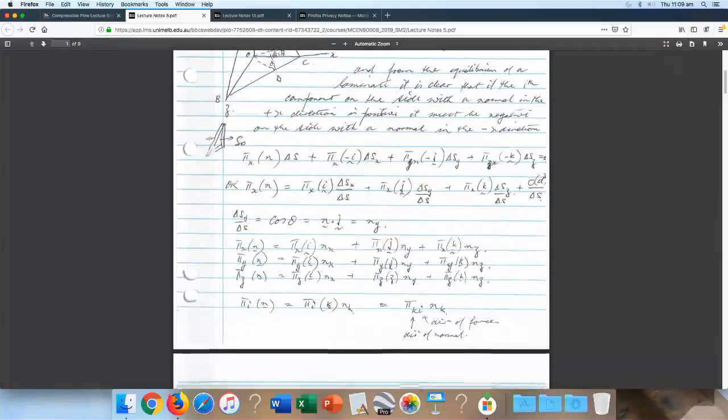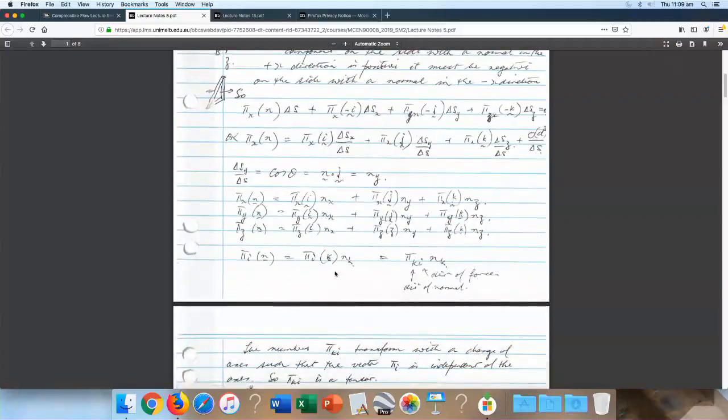And concluded that pi_i, the component of the stress in the ith direction on the normal n, is equal to pi_ki n_k. So I can always work that out by calculating locally the stresses that act on normal planes with respect to the plane of my surface.